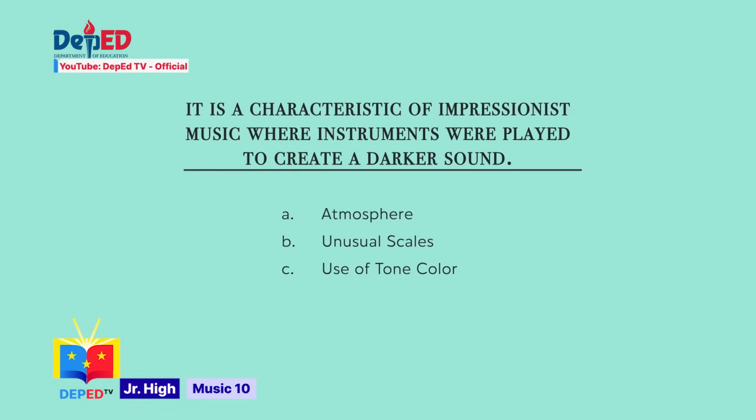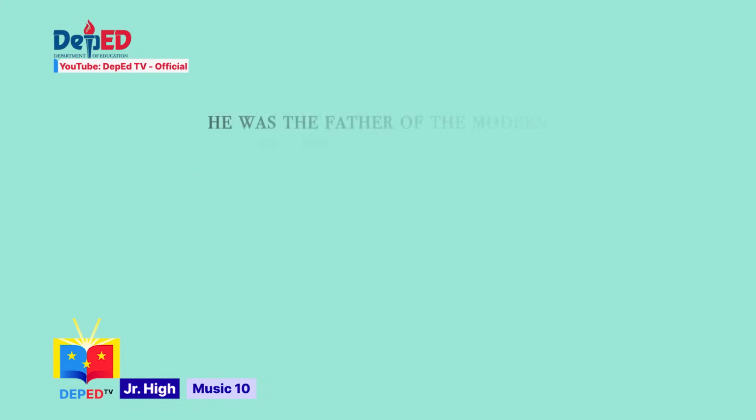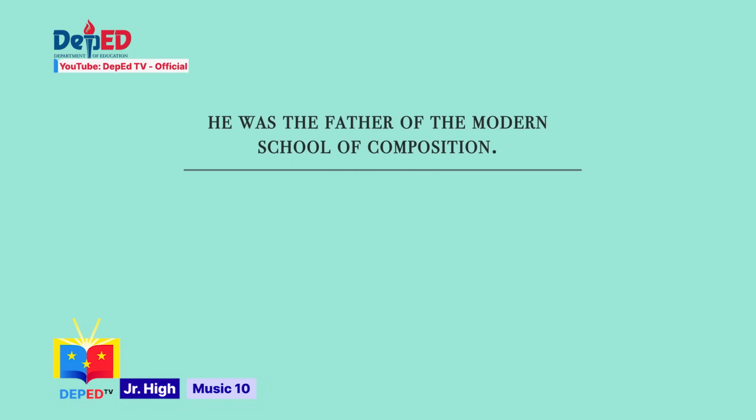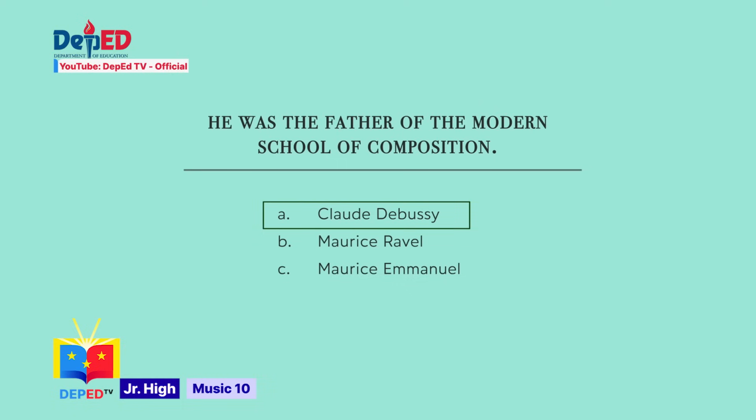The correct answer is use of tone color. Number 2. He was the father of the modern school of composition. The correct answer is Claude Debussy.